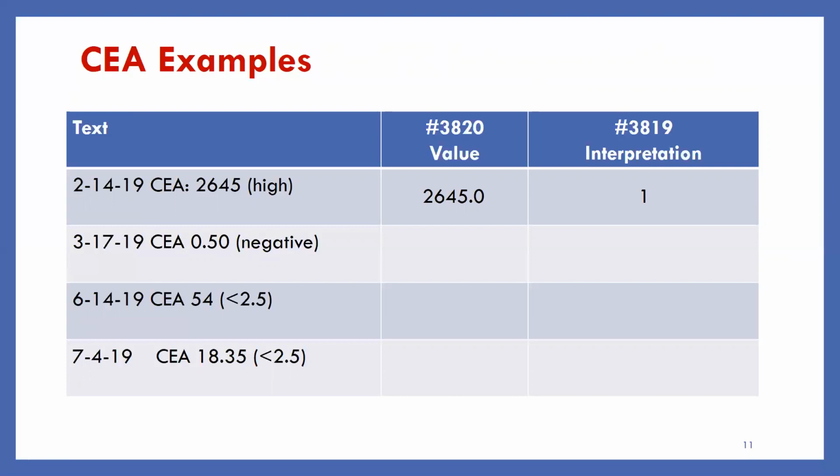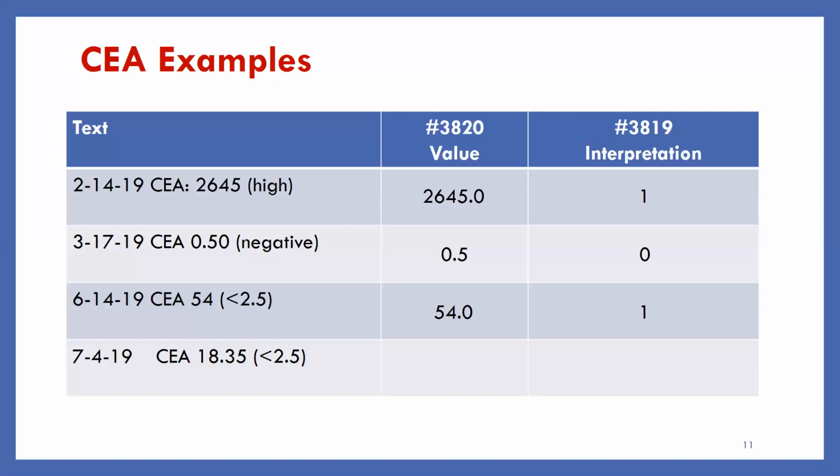Looking at the CEA 0.50, which is negative, we're coding that to 0.5 for the value and entering 0 for the interpretation. The CEA 54 would be entered as 54.0. We have a normal range and it is high, so we will code the interpretation as a 1 for high.